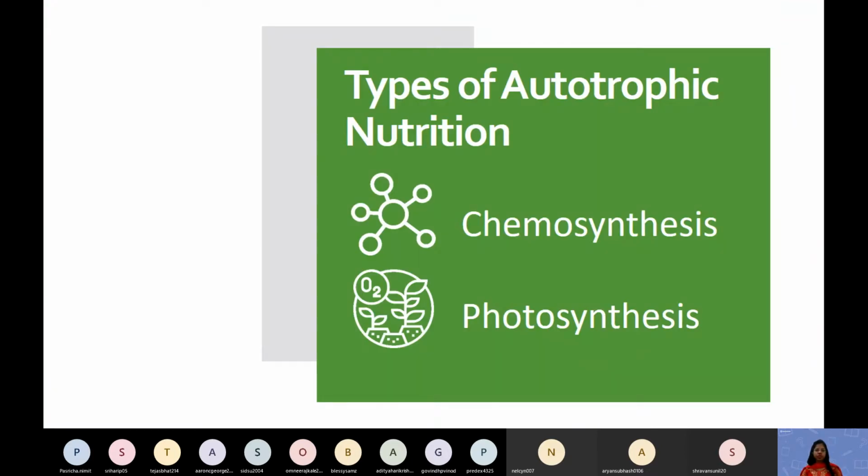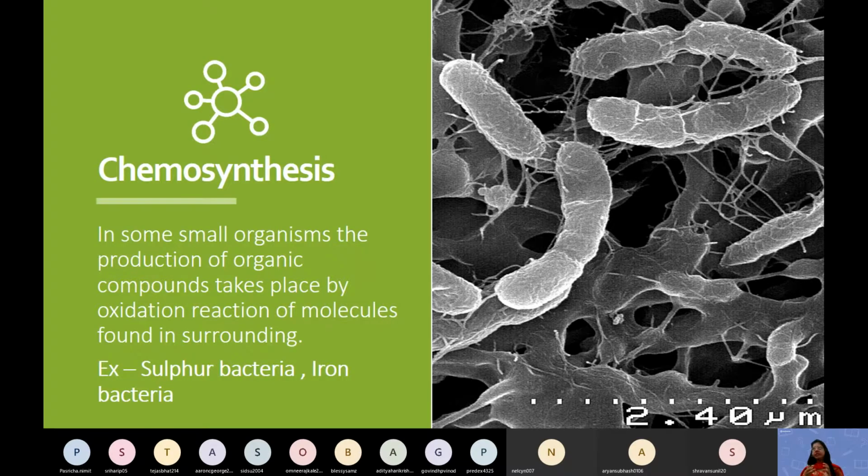Now autotrophic nutrition can be divided into two parts: chemosynthesis and photosynthesis. Let's start with chemosynthesis. In certain bacteria, they do a certain kind of chemical reaction and generate their food. It happens in sulfur bacteria, iron bacteria, cyanobacteria.